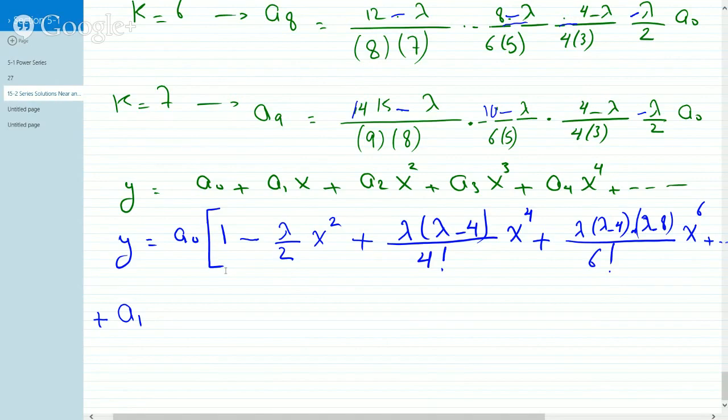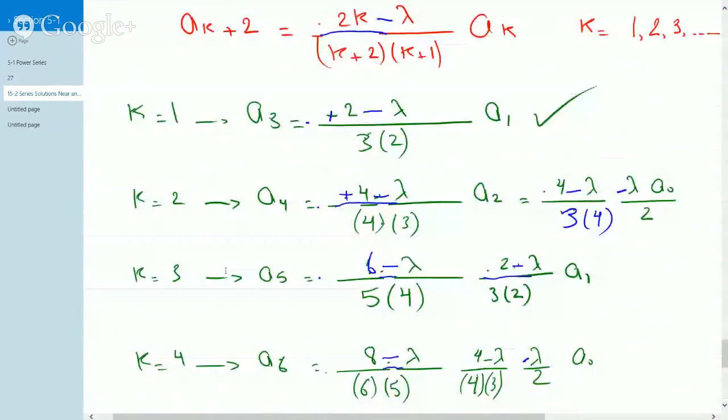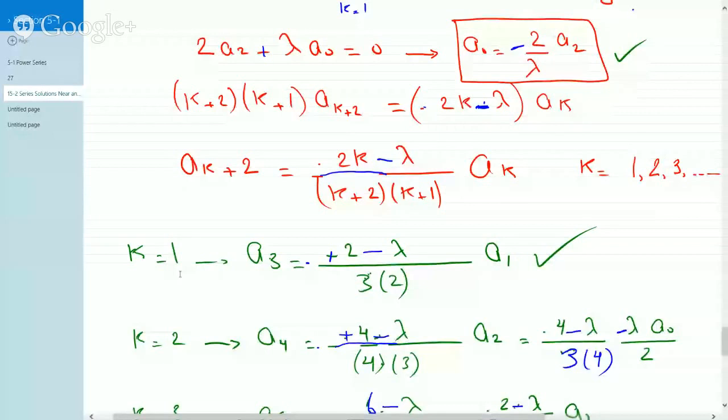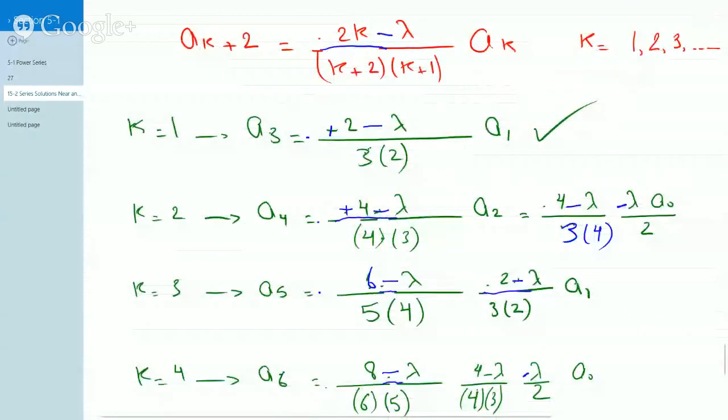So the first place where we have a1 is clearly, it's just a1 x, the first one.